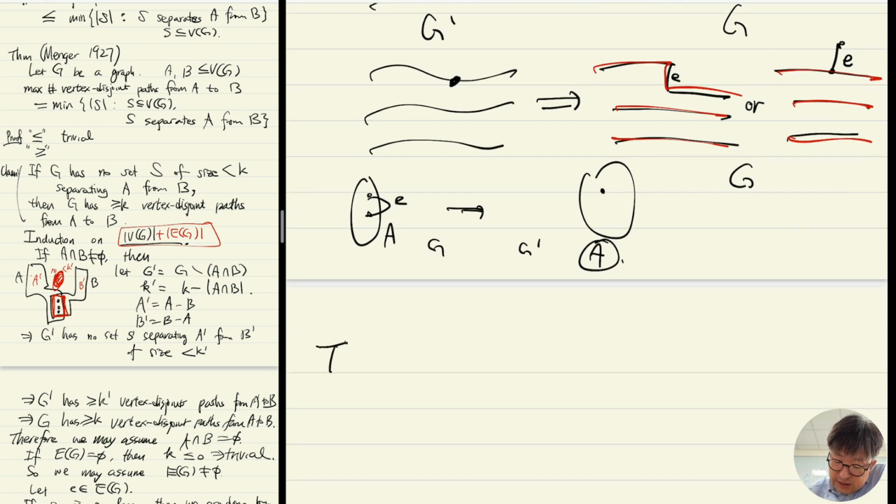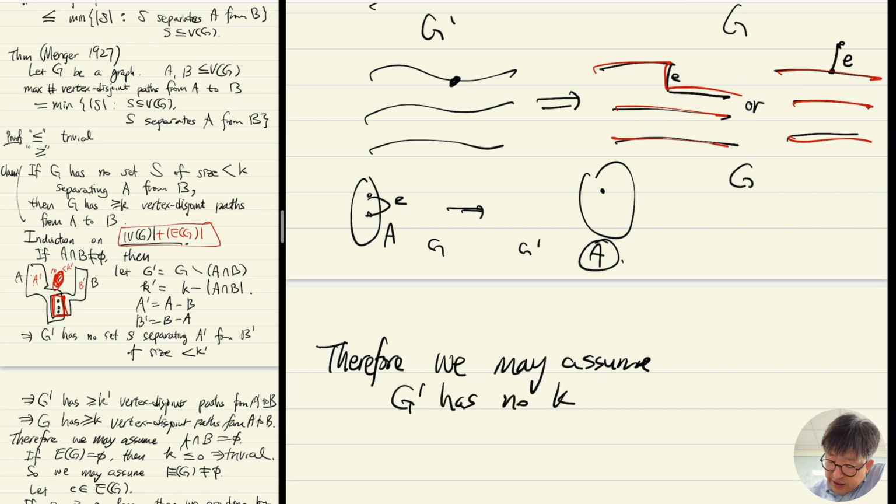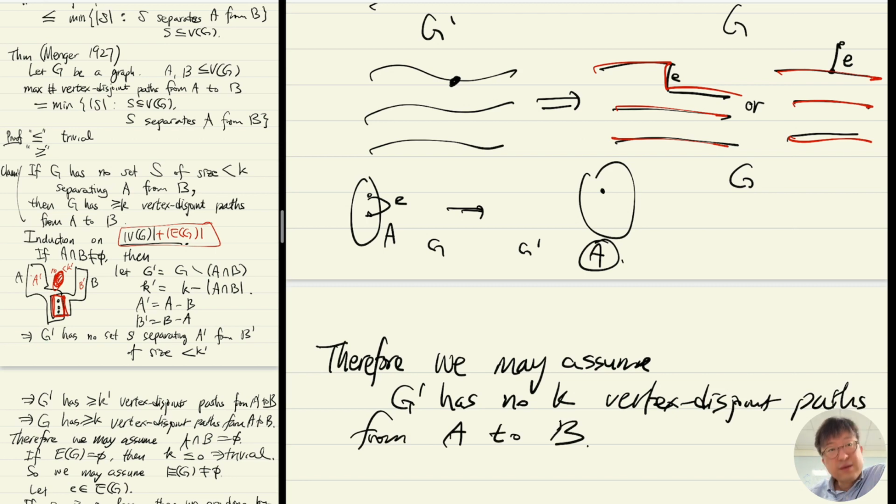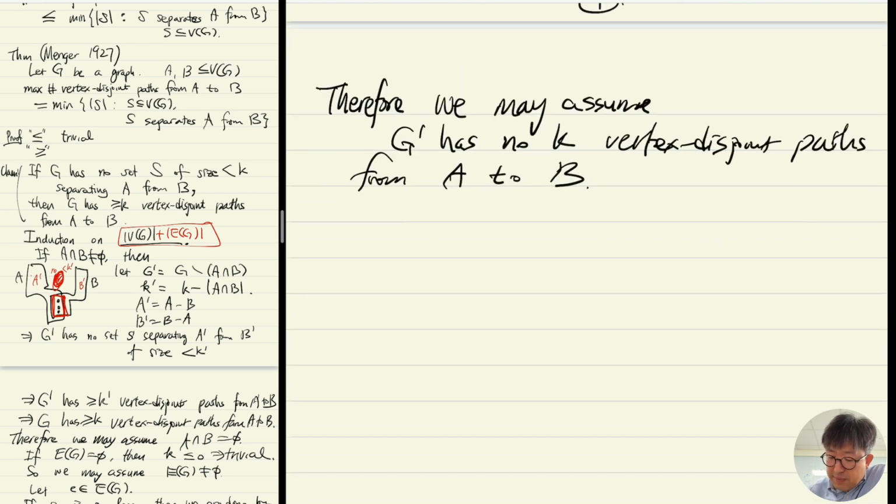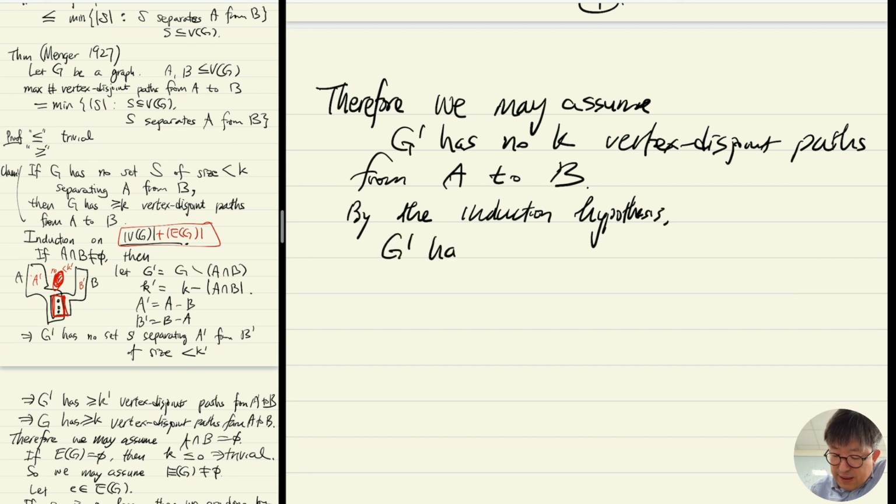So therefore, we may assume G prime has no K vertex disjoint path from A to B. So what does that mean? By induction hypothesis, the reason why I can apply the induction hypothesis is because G prime has fewer vertices and fewer edges. So G prime has a set S.